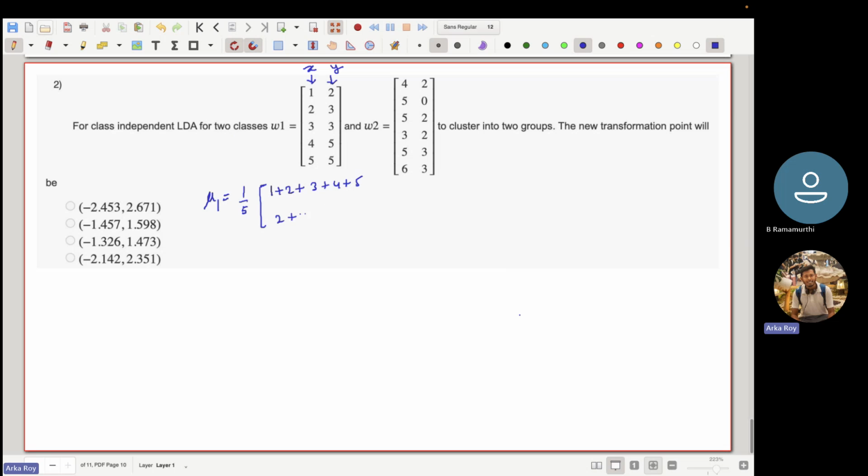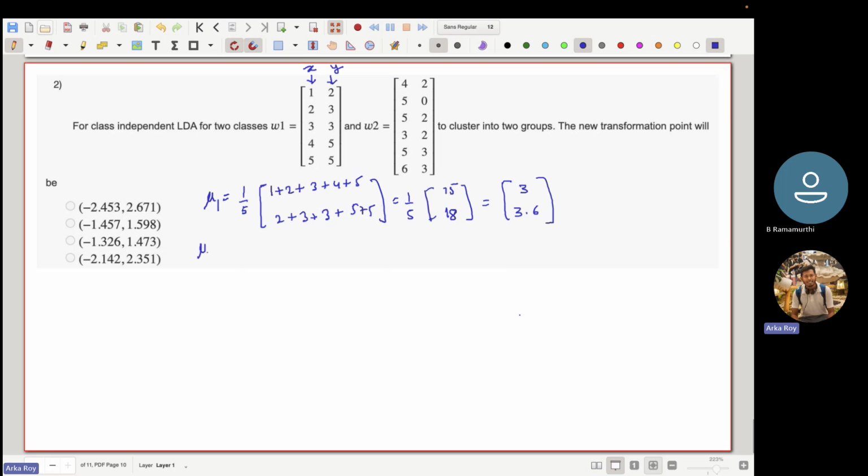This would be 2 plus 3 plus 3 plus 5 plus 5, and for the other dimension it is 15 and 18. So this is 3 and this is 3.6.